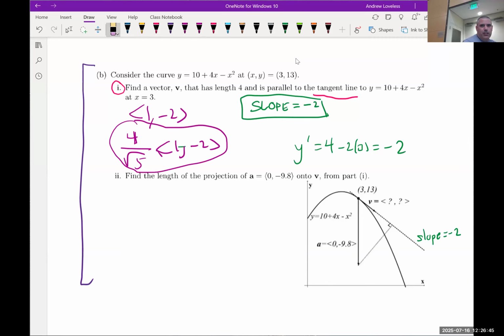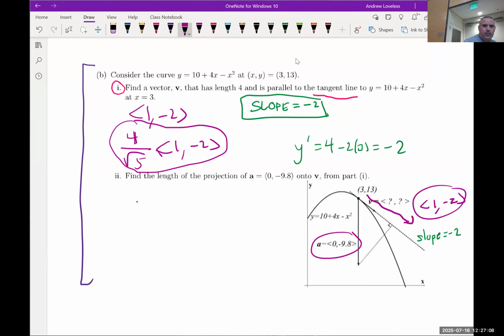I do remember students getting confused on part B of this question, because if you hadn't done part A, it almost would have made part B easier. Because you don't have to use this vector in this part, you could use any vector that points this way. It'd probably be easier to use 1, -2 as your projection because the numbers would come out nicer. You'd say, I'm projecting this onto this.